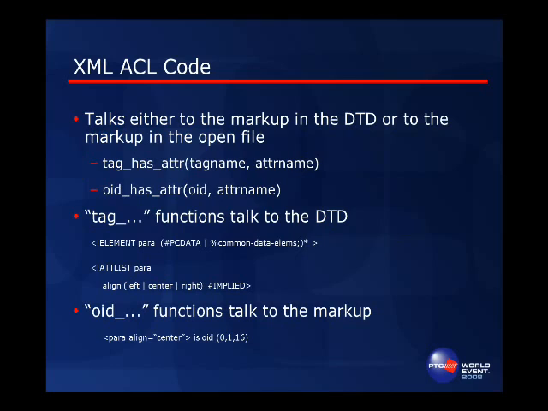And OID has attr, if you're looking at this xref, means, I believe, that the attribute is specified in the actual XML instance. It's not equals quote quote. It really is something right there. Okay. Next page, please.